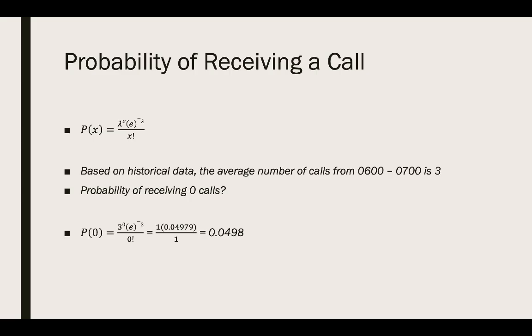So what's going on? Same thing with 4 calls. The probability of receiving 4 calls is just 17%. It's still relatively low. But for receiving 4 calls over and over and over again for a span of months, something is going on, and it sends up a red flag for us to look at.